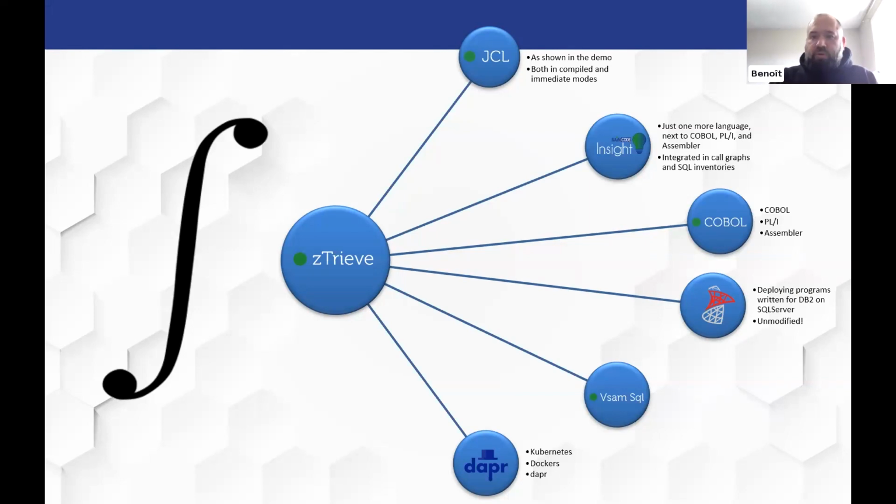For those who don't know our product, our compilers have the unique capability of taking DB2 statements inside the code and rewriting them to execute against SQL Server without modifying the source code.